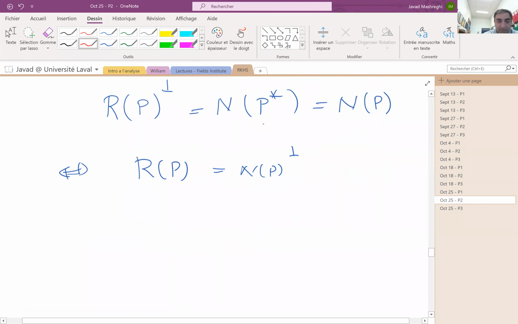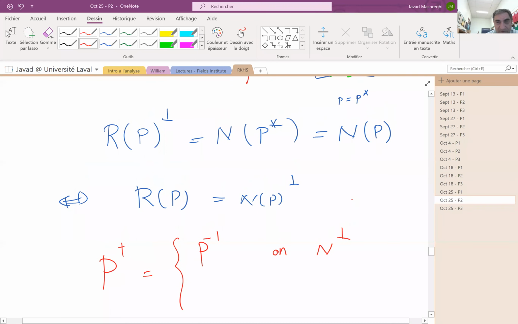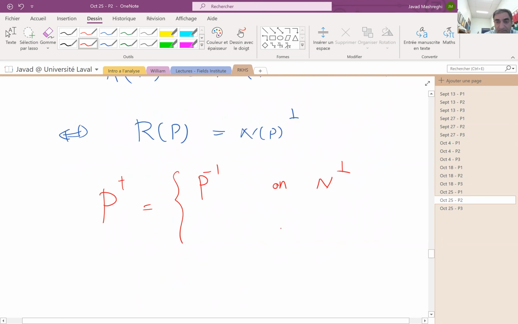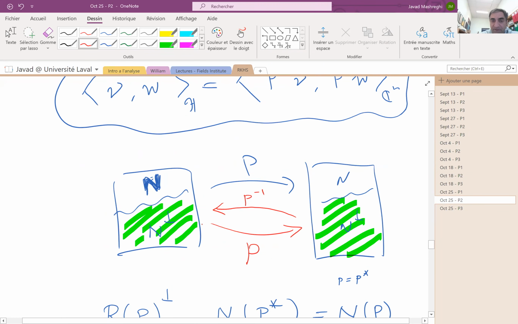But they define an operator like this. P dagger is equal to P minus 1 on N perp, as we defined here, and on its complement it is equal to 0. In other words, everything here is mapped to 0.